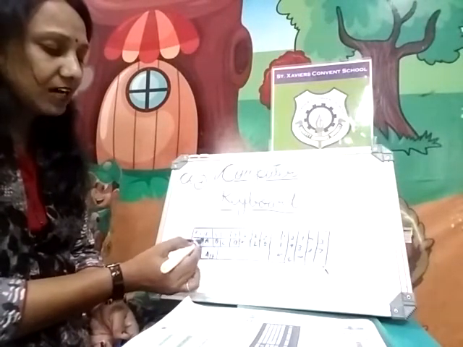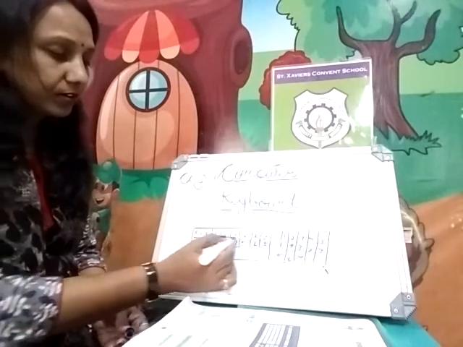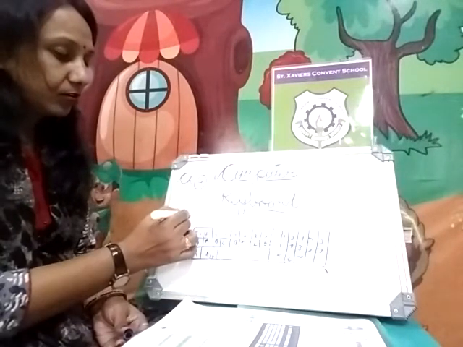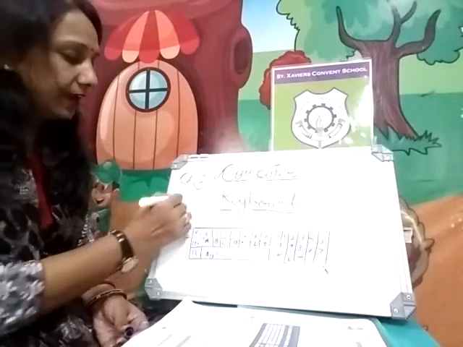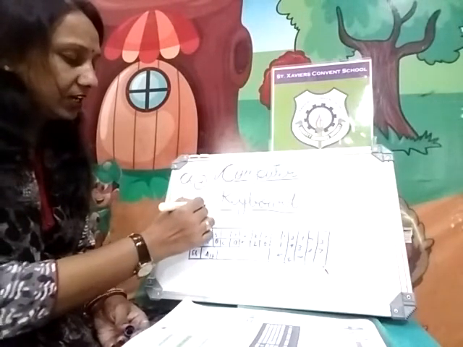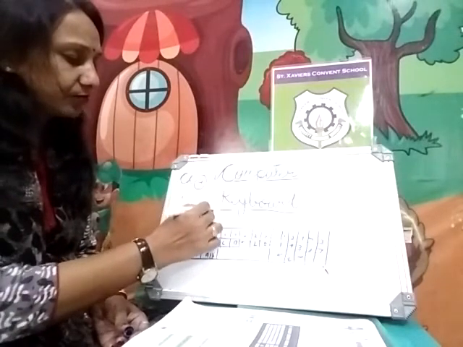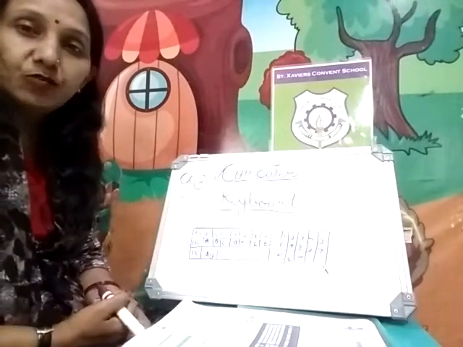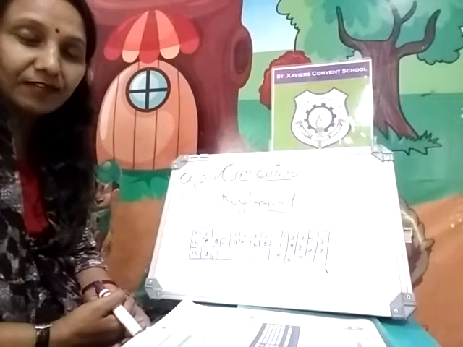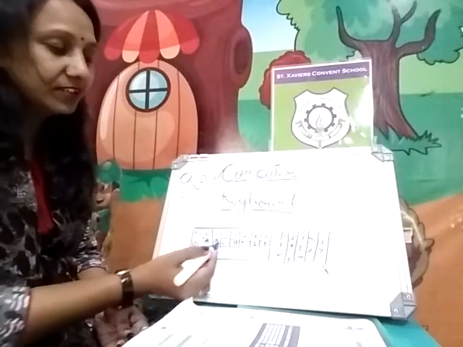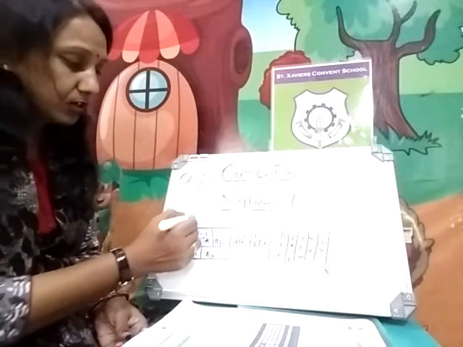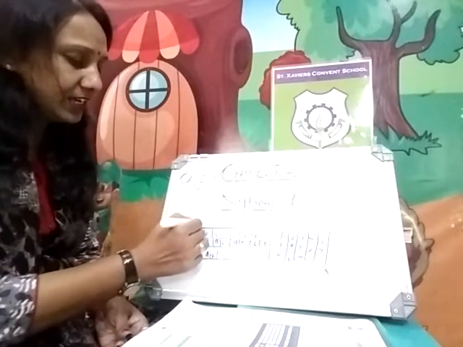These keys are called alphabet keys. ABCD is what? It's alphabet. You know it. A to Z is alphabet. So that's why these letters on this keyboard are called alphabet keys. What do we call that? Alphabet keys. Okay?